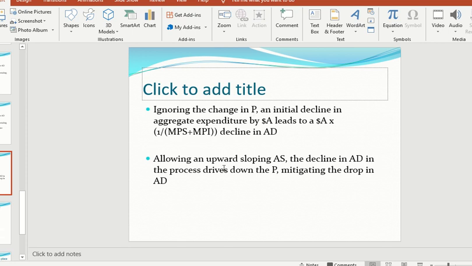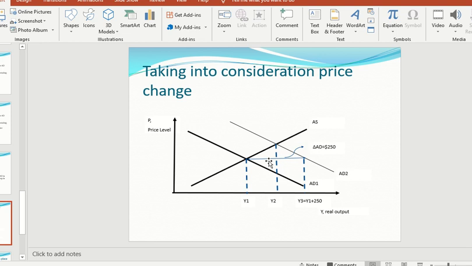If we allow an upward sloping aggregate supply curve, which is usually the case in this classroom setting, the increase or the decline in aggregate demand, in this case an increase, drives up the price level. Okay? So if the price level is constant, then the real output will be here, right?